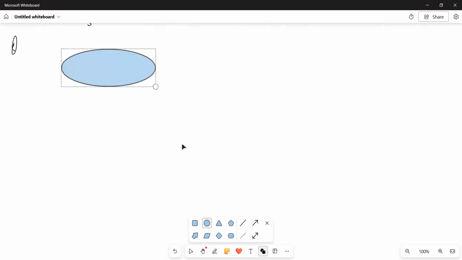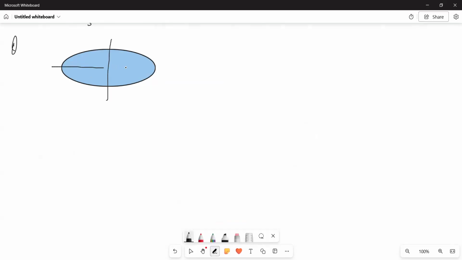Let's say we have an ellipse. Now at any point P on the ellipse, we draw the normal.